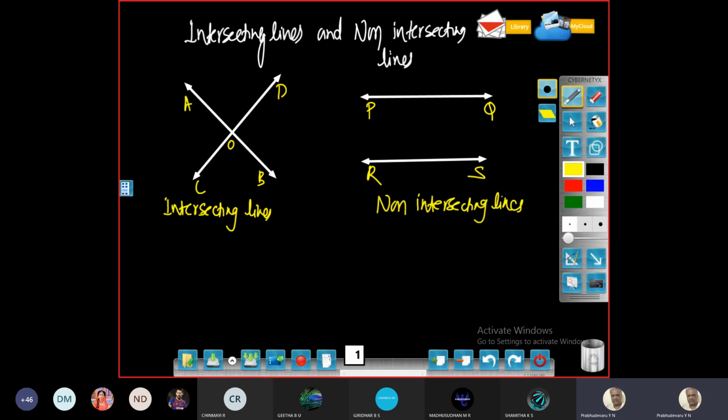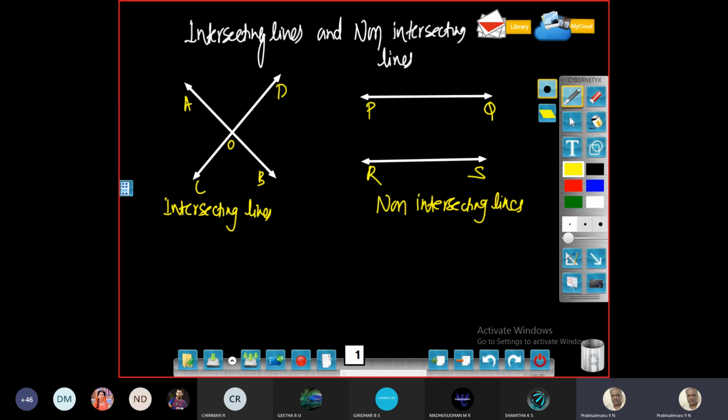Two straight lines on the plane can only be of two types: one may be intersecting, the other is not. Any other way is not at all possible.